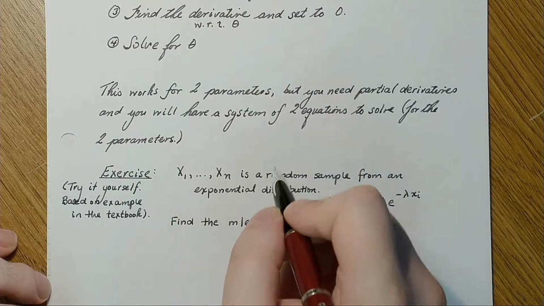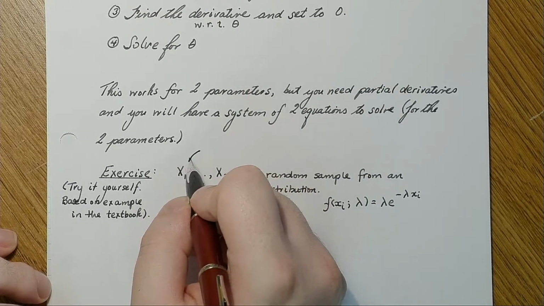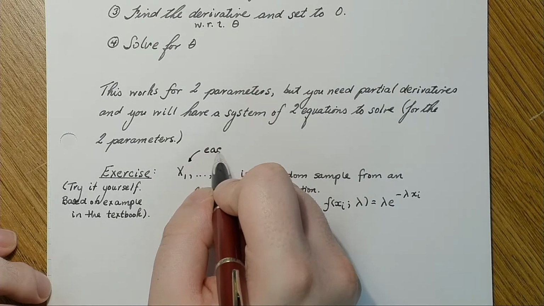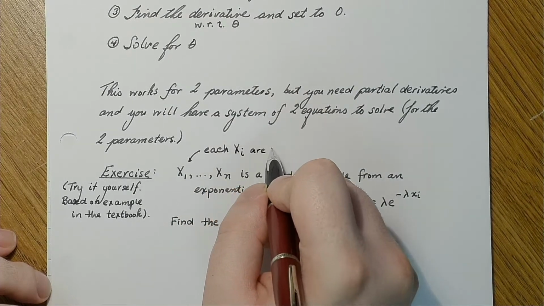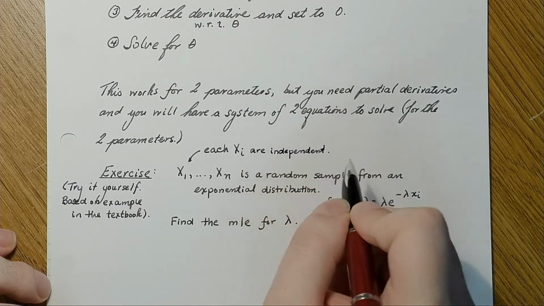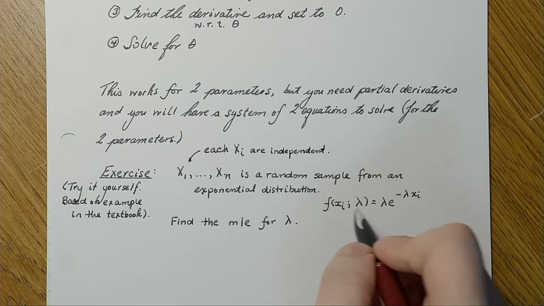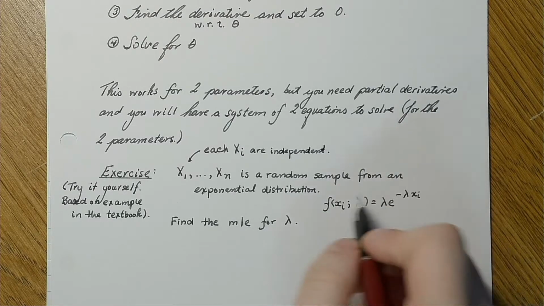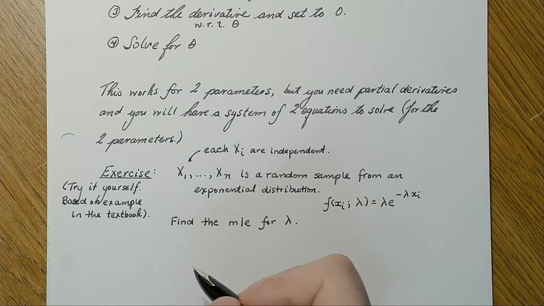And you can assume that each xi are independent. Why is that important? Well, if it's independent, then you can multiply the PDFs together.